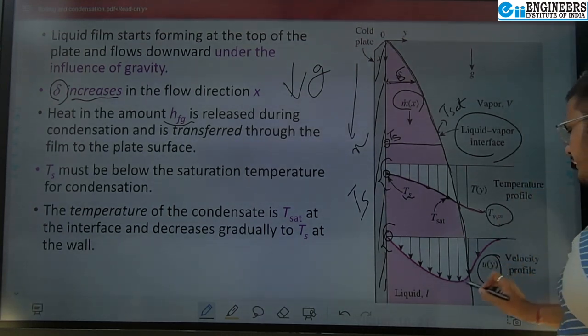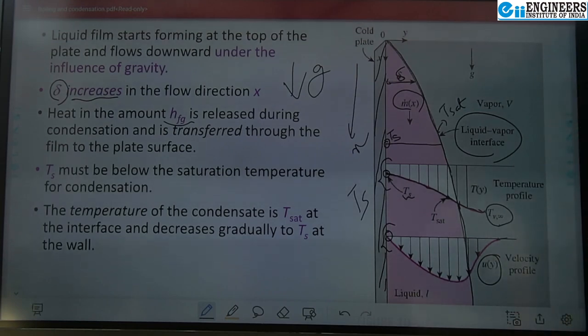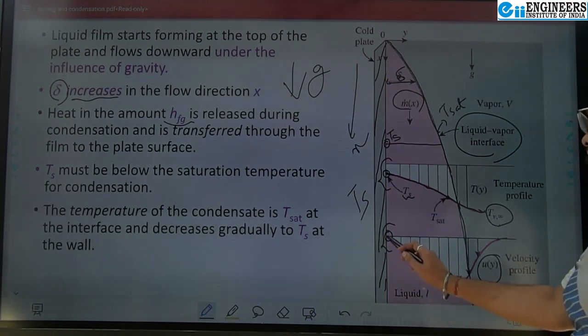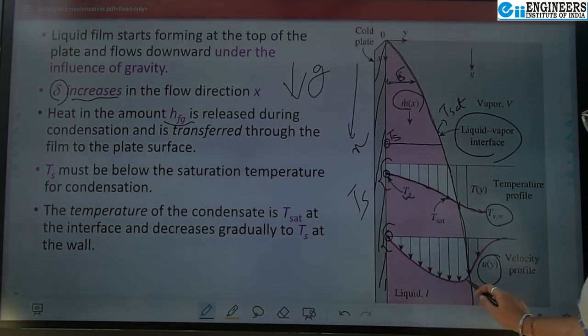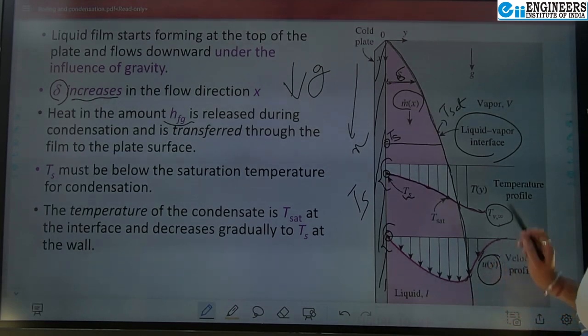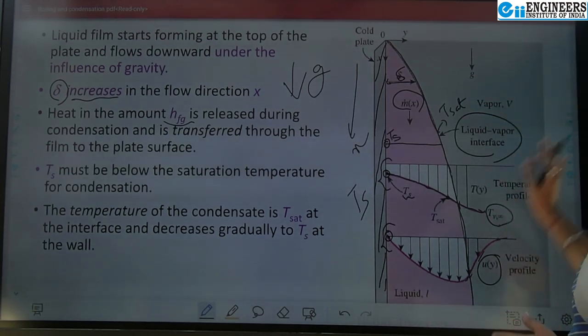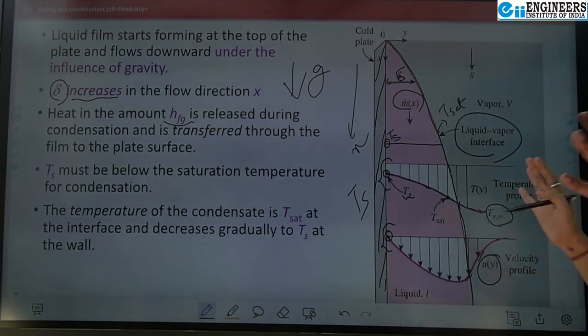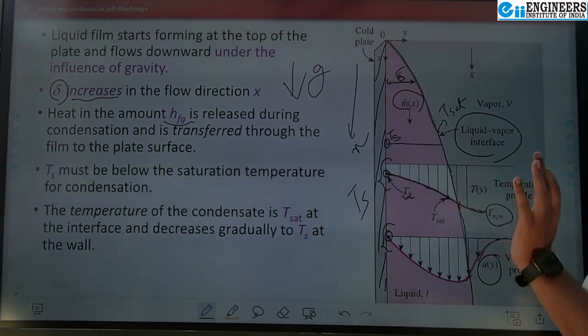So this is how the velocity trend of film condensation looks: it is 0 at the plate, gradually increases, then decreases again to 0 because the vapor in the vicinity is stagnant and not flowing anywhere.